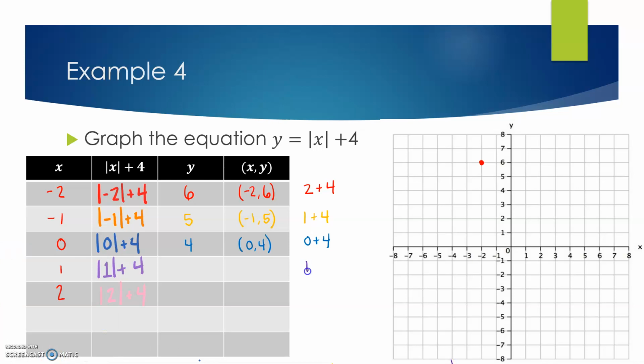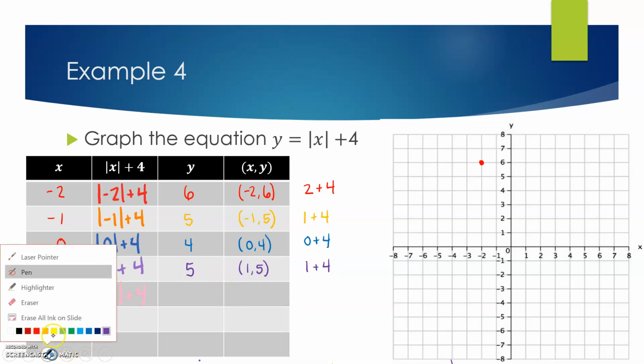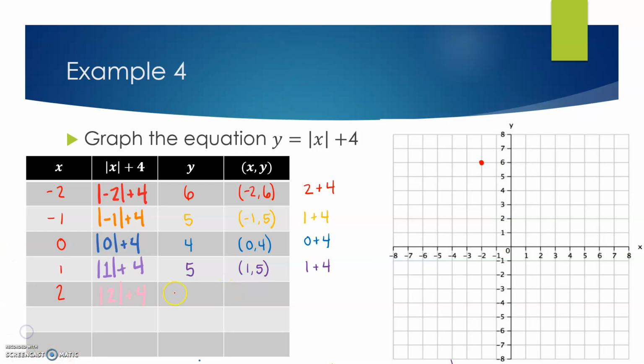Absolute value of 1 is 1. But then it's going to start working its way back up. So this would give me 2 plus 4, which is 6. And that would give me 2, 6. So I didn't graph my other points.